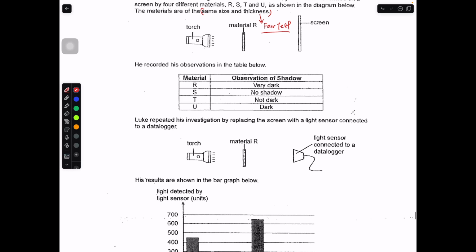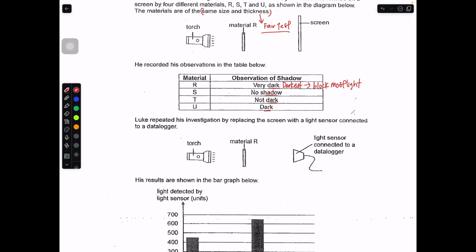Okay, so you have R, S, T, U. Over here, R is very dark, then no shadow, dark, not dark. So the one that has a darker shadow is the darkest. Okay, so over here you probably know that it blocks most light. That's why it will result in a darker shadow.